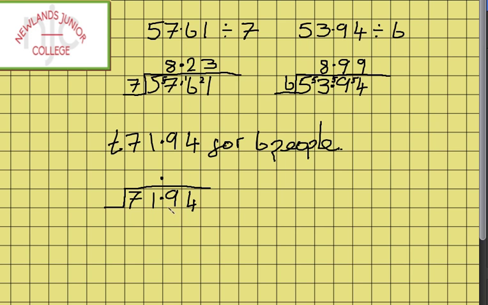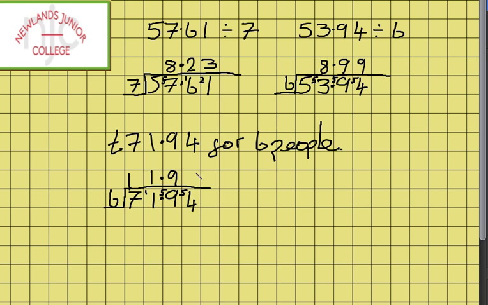Go to where your answer is going to be, put the decimal point in place, directly above the decimal point in the question, and start dividing by 6. 6 into 7, well, that goes once, with 1 left over. 6 into 11, that goes once as well, and that would leave you with 5. 6 into 59, that goes 9, and that leaves you with 5.